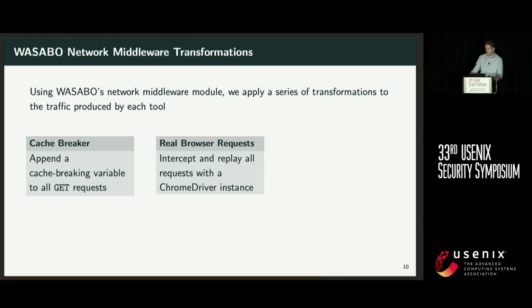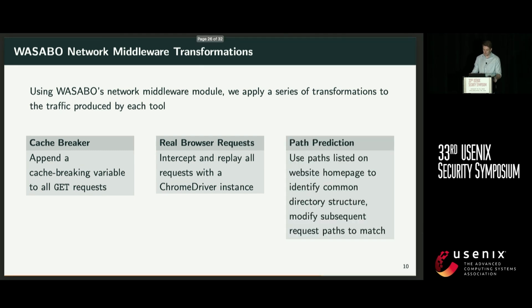We also try to replay all requests from the fingerprinting tools with a real Chrome browser to get around bot detection. And lastly, we have a very simple path prediction algorithm, which we use to identify cases where a web application is installed in a directory that's not the root of a web server.